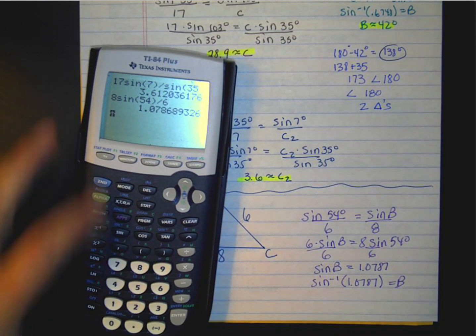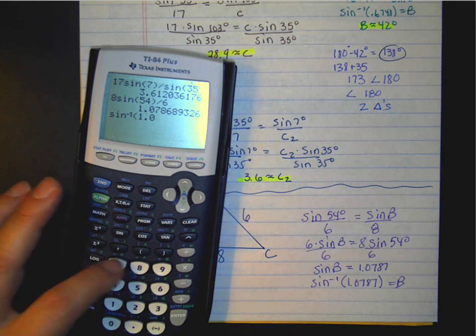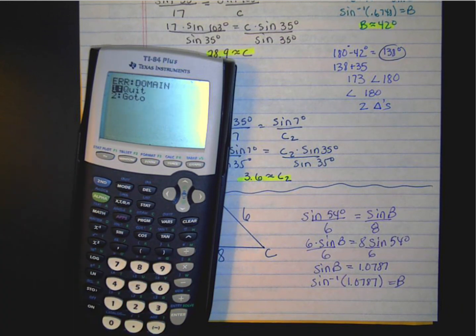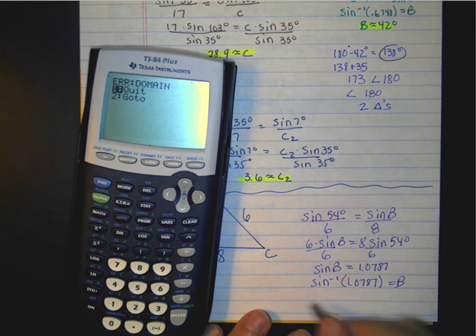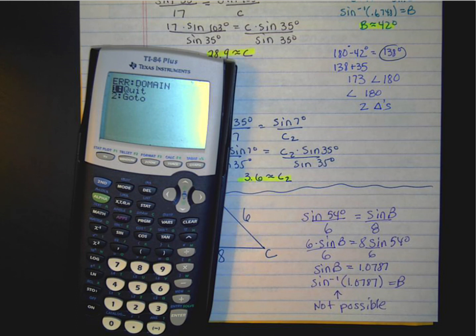So second sine of 1.0787. Error. Okay, so we didn't do anything wrong. That's not possible. Okay, your sine and cosine can never be greater than 1. So plug it in the calculator, get an error.